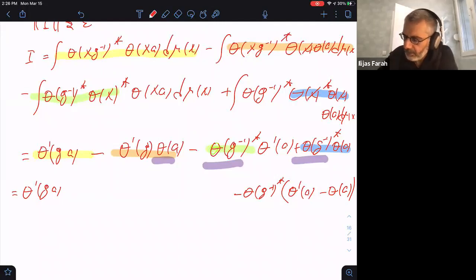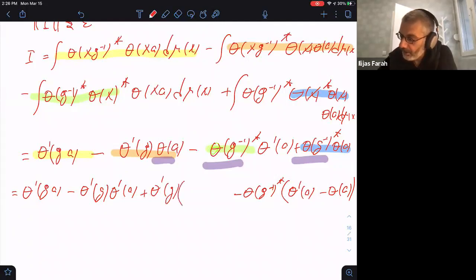So I have here minus theta prime of G, theta prime of A. When I also add that theta prime of G, theta prime of A, what I get is plus theta prime of G times theta prime of A minus theta of A. I hope this makes sense.